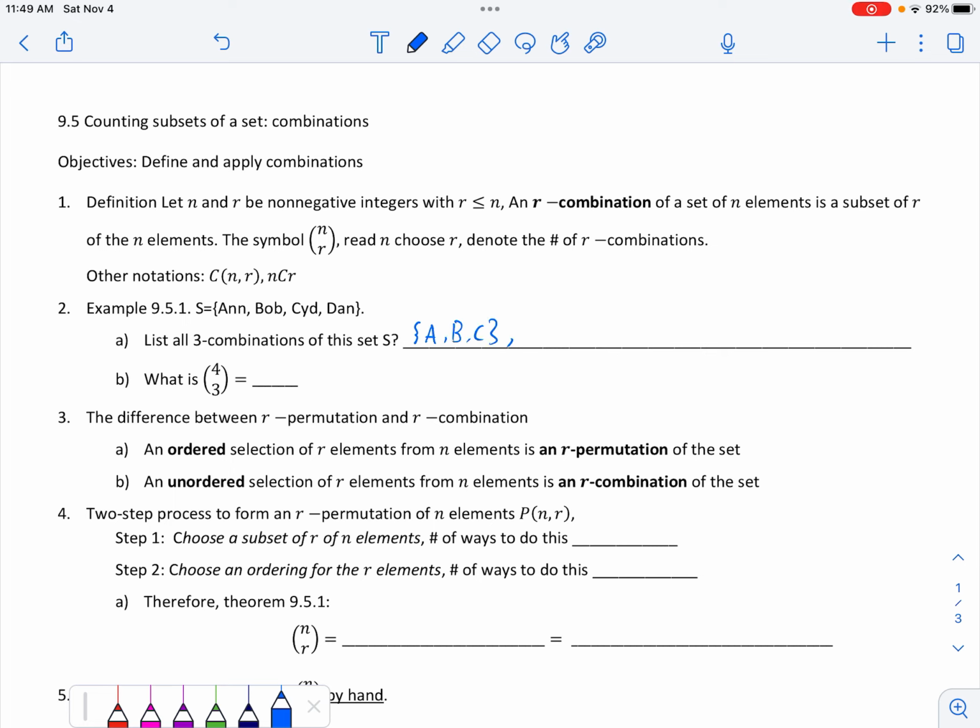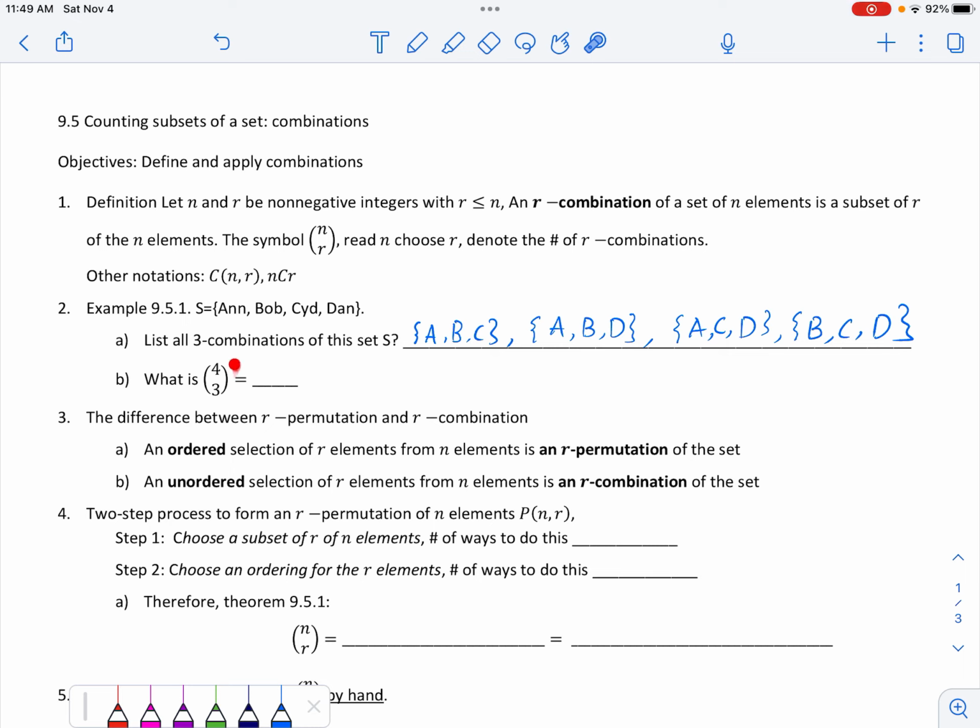And Anne, Bob, and Dan. And then Anne, Sid, Dan. Anne, Sid, well, we have listed that already. I think Bob, Sid, Dan, that's all. I think that's all the possible subsets of size 3 of this set.